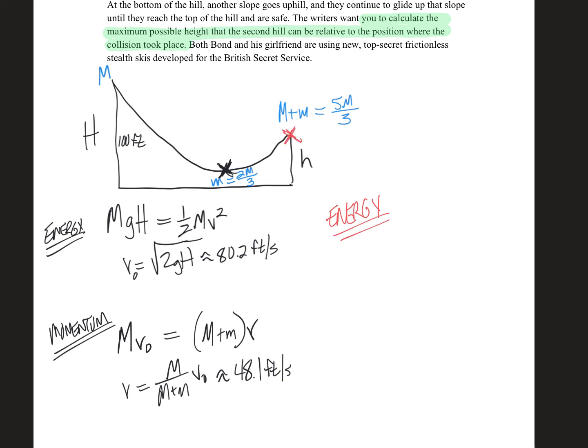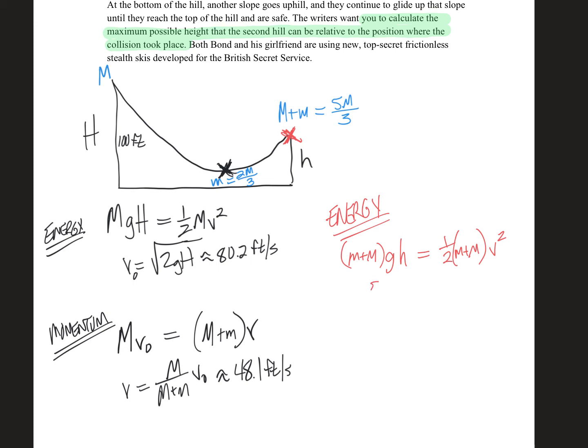Now we want to get back up to this new hill. How high does this hill have to be so that the stunt goes perfectly? We're going to have (m plus m) gh. We've got to get that energy back. That has to equal half of (m plus m) v squared. So I conserve it: the gravity has to equal the kinetic. You could have written it the other way. It's perfectly fine.